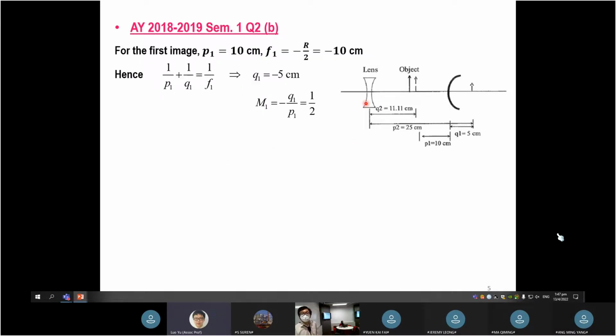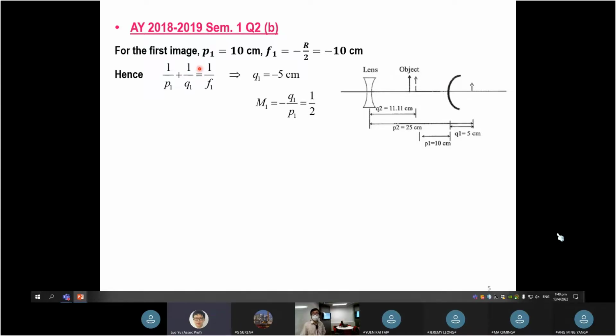So for the first image step, my F1 is minus R divided by 2, which in this case is minus 10 centimeters. The question said that the object is located 10 centimeters from the lens, and also 10 centimeters from the mirror, so my P1 is 10.